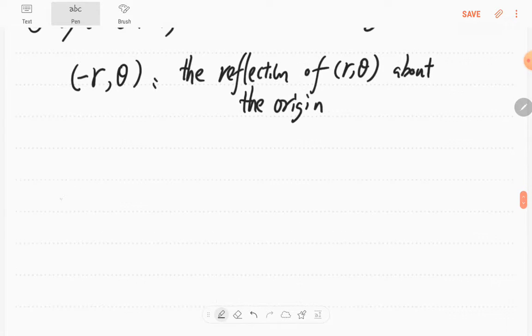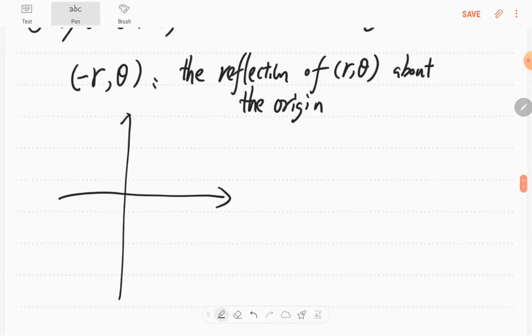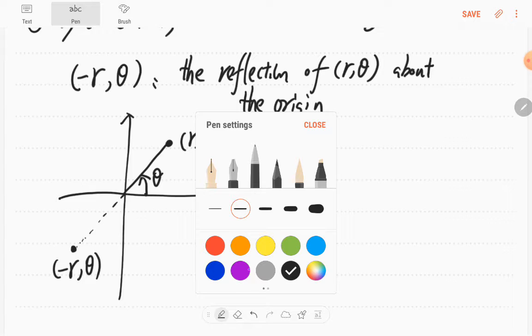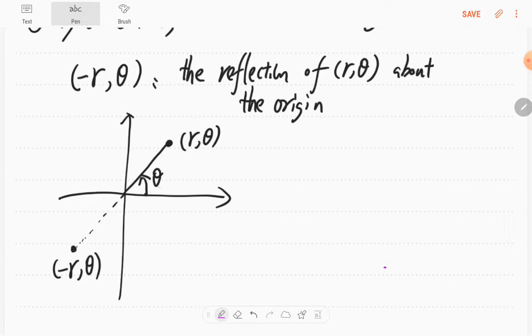Okay, so now let's look at this one. If r, theta is here, what is negative r, theta? We extend to the other side, the reflection with the same length. So this is called negative r, theta. We can also represent this point by rotating from here to here, and this is our r.